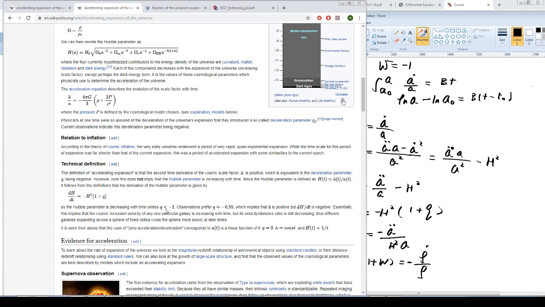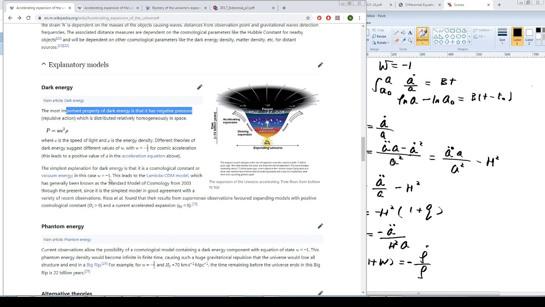If Q is less than -1, then it will expand. If Q is less than -1, it will expand. Same here. But they seem to be slightly different.